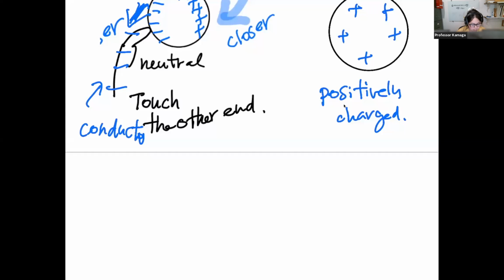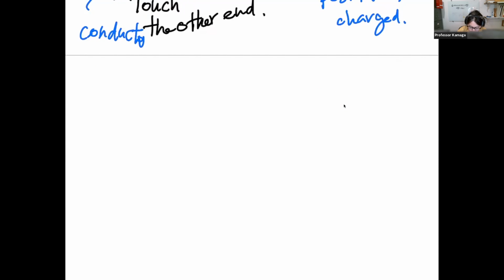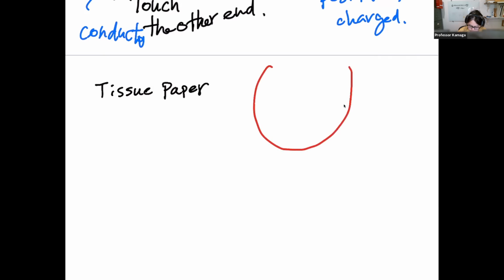Tissue papers are insulators. Let's see, we can have a red balloon, and this red balloon is a negatively charged balloon.